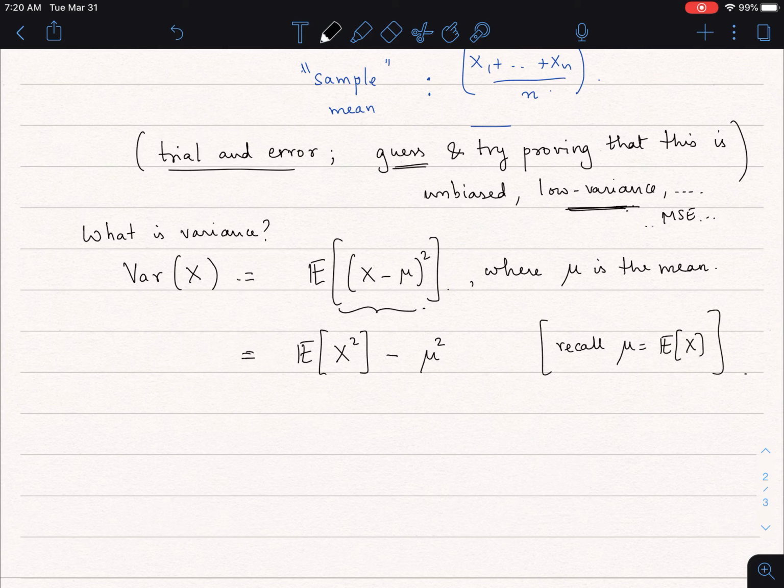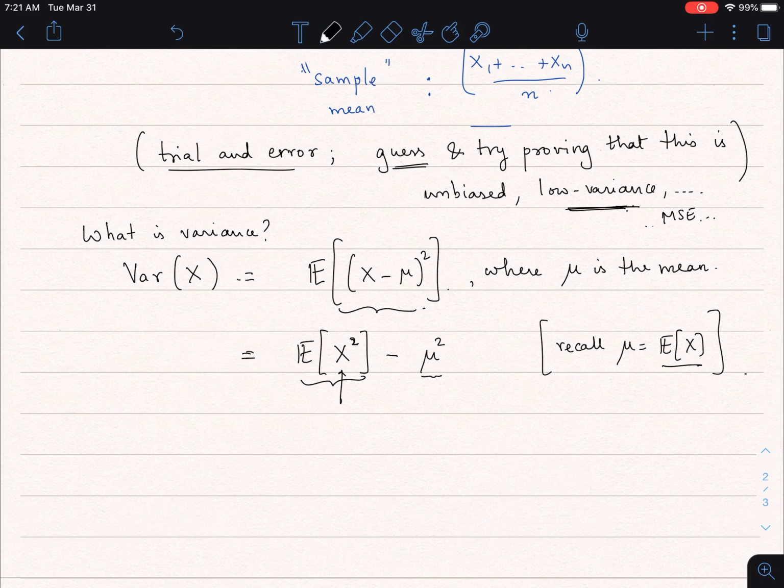So I have the expected value of x squared minus the expected value of x, the whole squared. Note that this is not 0, because in one you are taking the expected value of x squared, and here you are taking the expected value of x and squaring that term.